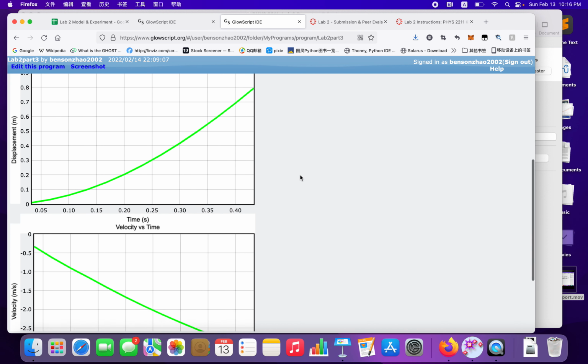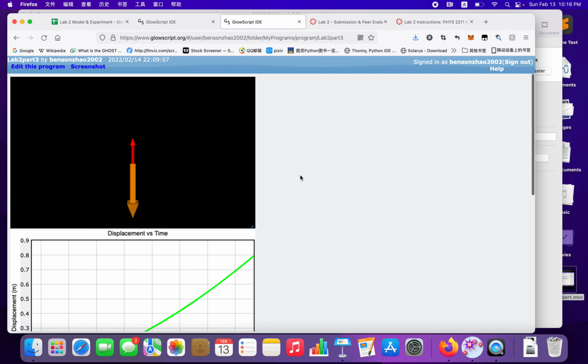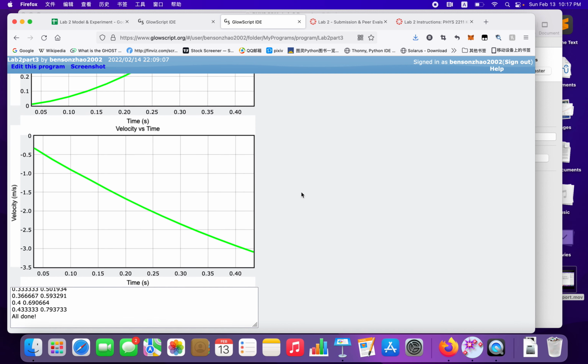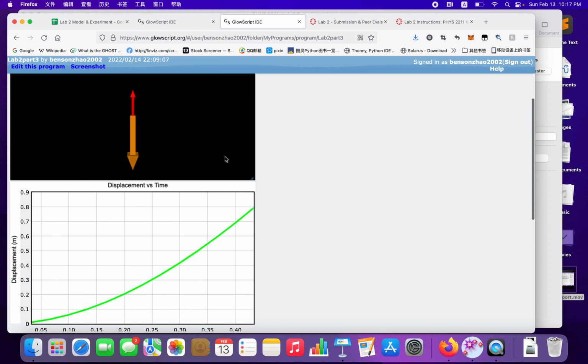So as you can see, the drag force tends to increase due to the increased velocity in the negative y direction, and the velocity, even though it's increasing, the increase in speed slows down due to the decreased acceleration.